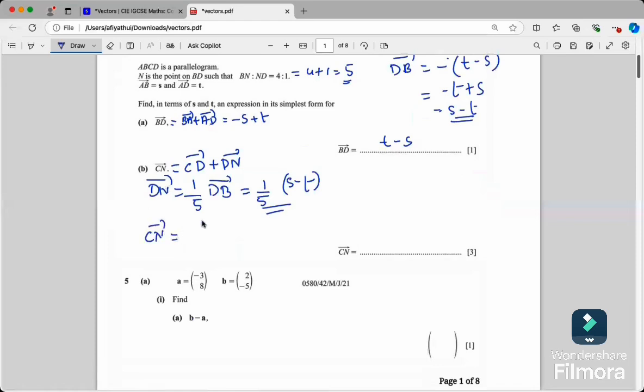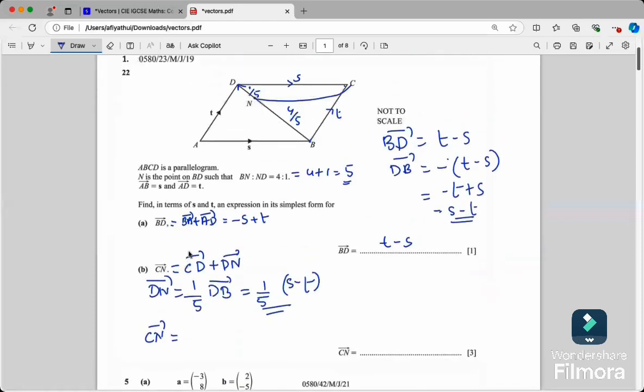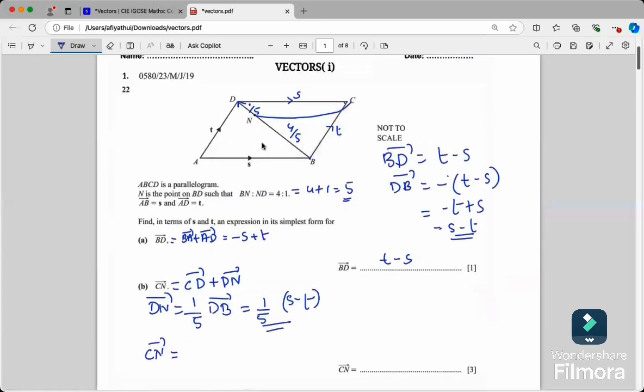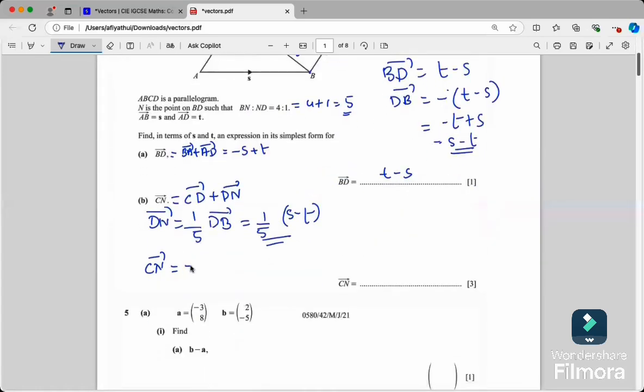Therefore, CN is equal to CD plus DN. So what is CD? C to D is minus S, because you're changing the direction again. So minus S plus 1 by 5 into S minus T. Or you can just open the bracket: minus S plus 1 by 5 S minus 1 by 5 T. You are just multiplying the constant inside the bracket.